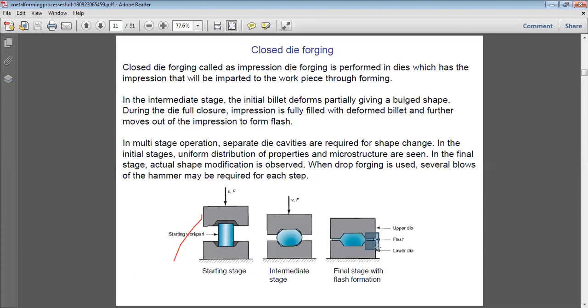For the first stage there will be hammering of the die. In the second stage, if it needs more, there will be more hammering. In the third stage it will be less, so we put lesser hammering. The hammering has to be decided considering the shape and the final shape required at each stage of the multi-stage operation.